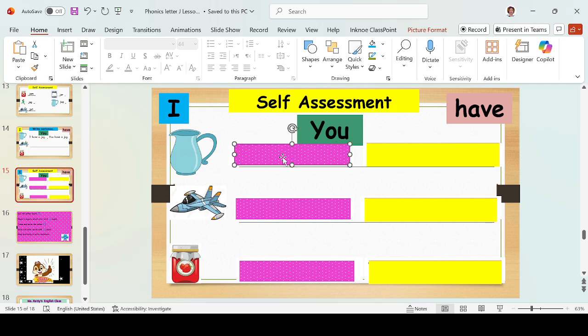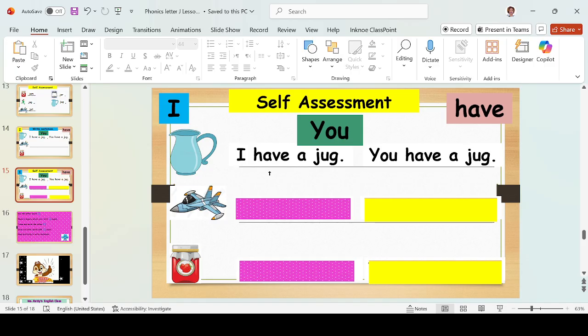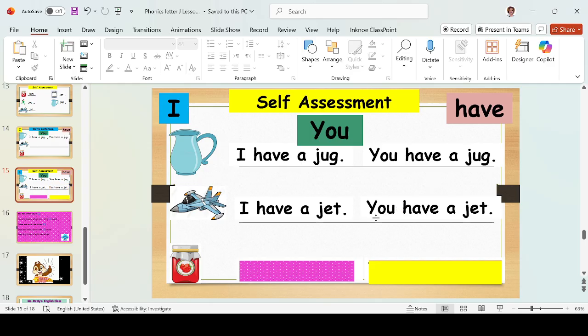I'm going to show you these ones. You already copied them, so I think everything is okay with these two sentences. I have a jug. You have a jug. Now the next one, I have a jet. Capital I, then finger space and your full stop. Then the next one, you have a jet.